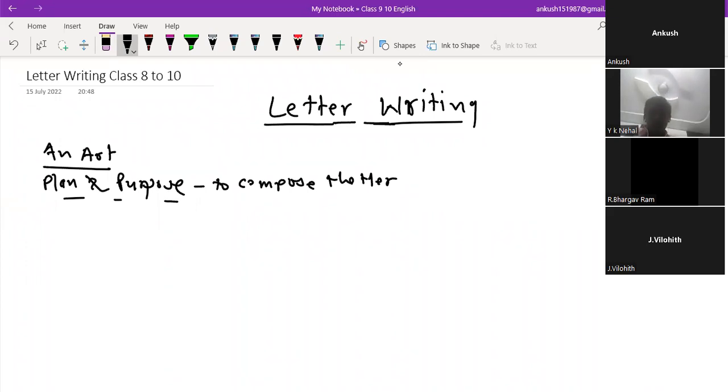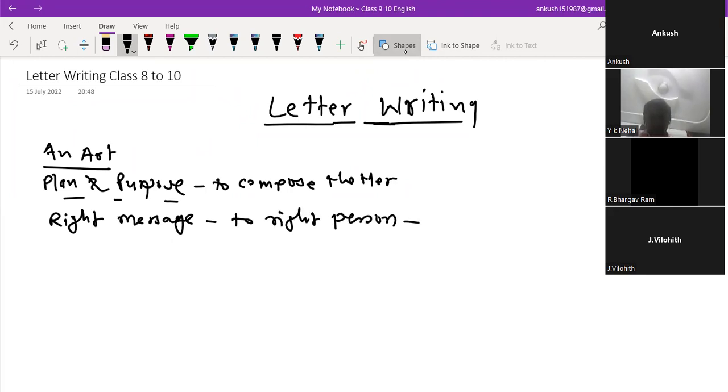It means whenever you begin the letter till its end, the letter should convey the right message to the right person in its true intention, and the intention should be fulfilled.